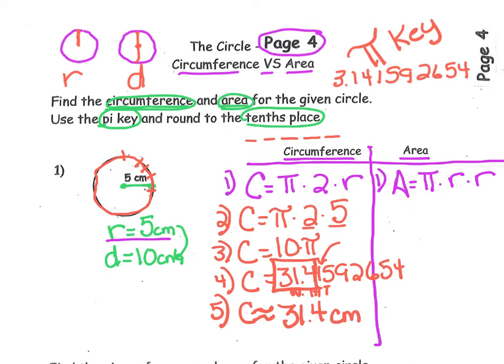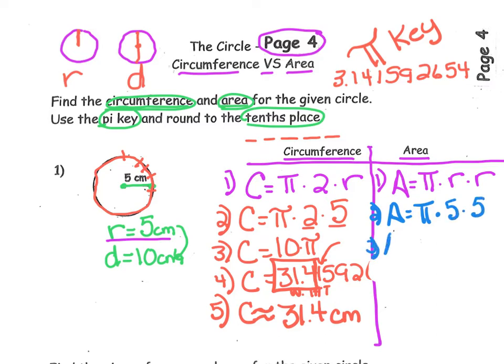Now, let's find the area on the inside of the circle. Let's use the area formula. Let's substitute in step 2. Area equals pi times 5 times 5.